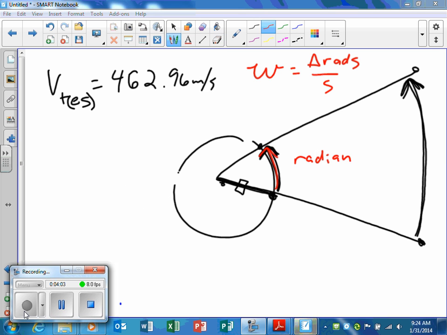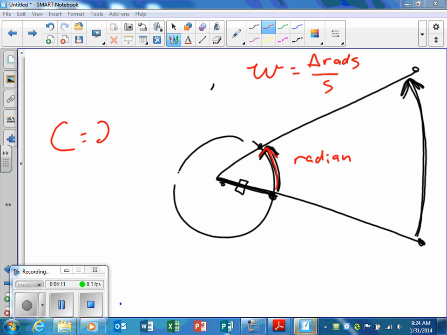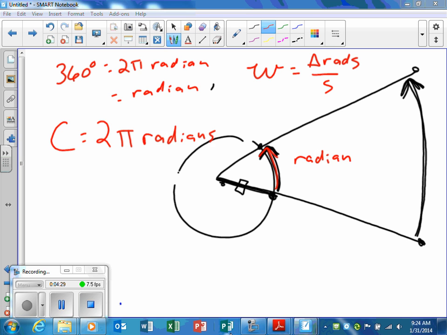So a circle is made up of 2 pi radians, right? If you want to figure out how many degrees are in a radian, a circle also has 360 degrees, and we know it's 2 pi radians, so each radian is equal to 360 divided by 2 pi, or approximately 57.3 degrees.